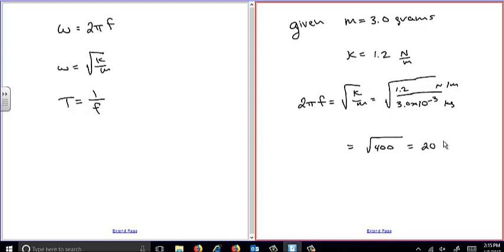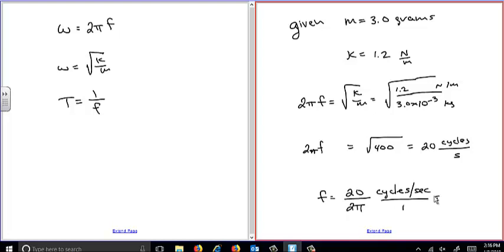And that would be cycles per second. If you do the units, it'll end up with 1 over seconds. So that's equal to 2 pi f, or f is equal to 20 divided by 2 pi. Now 2 pi doesn't have a unit, so you're still with cycles per second, oscillations per second.